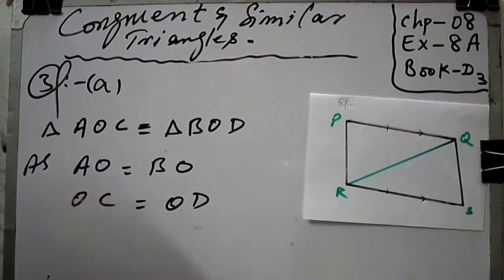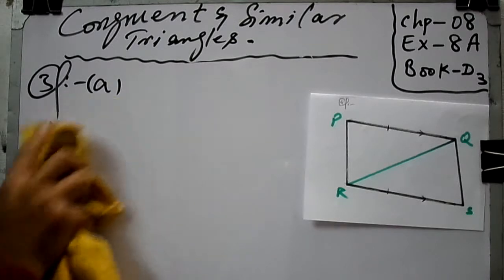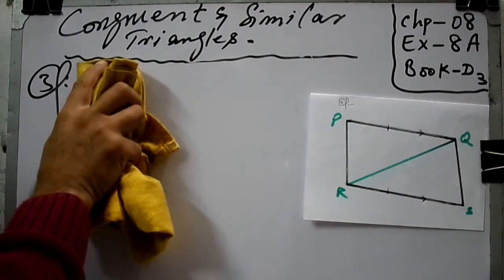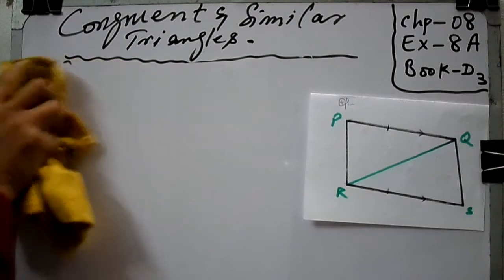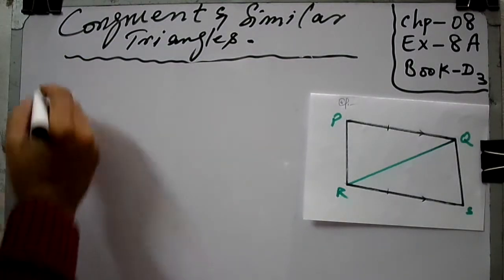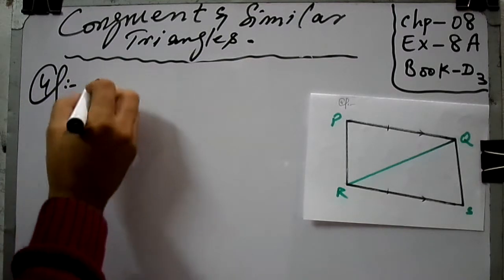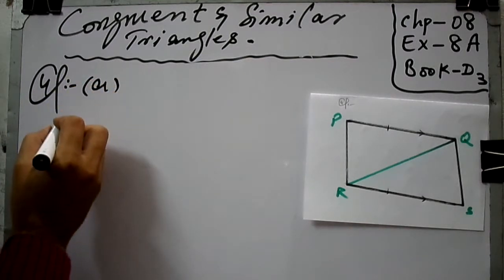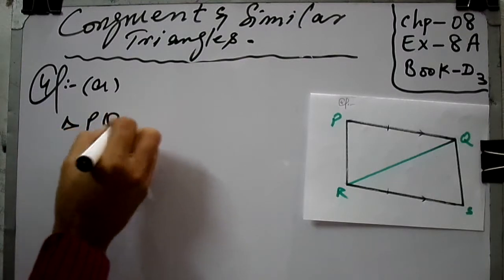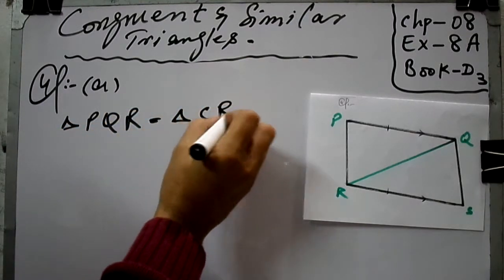So once again you can take the two triangles and make them congruent. In A part, first of all take triangle PQR congruent to triangle SRQ.